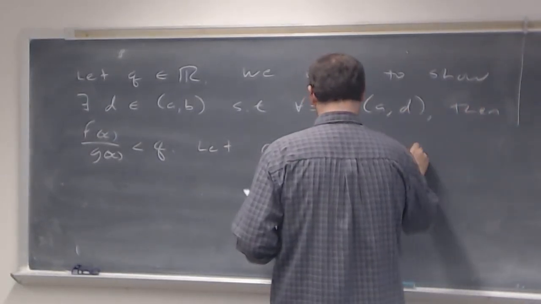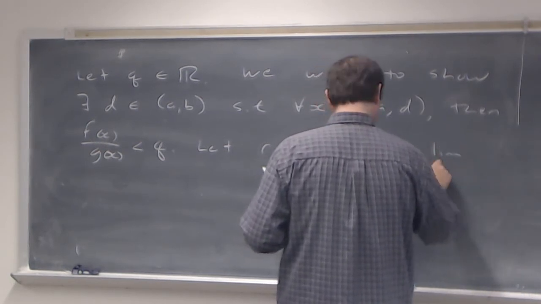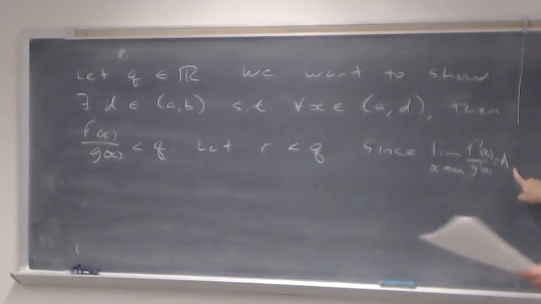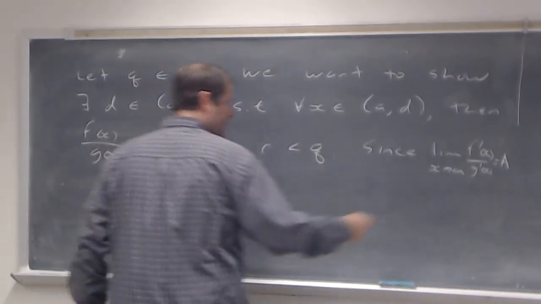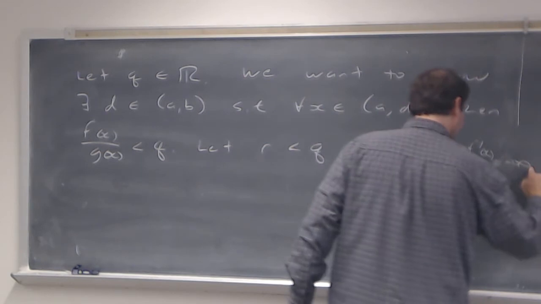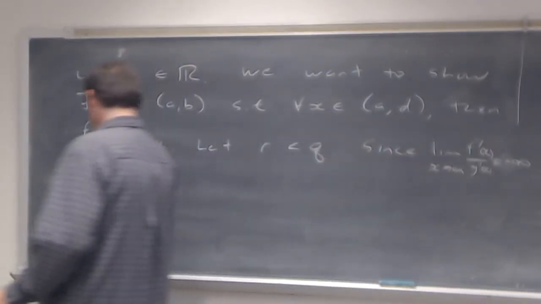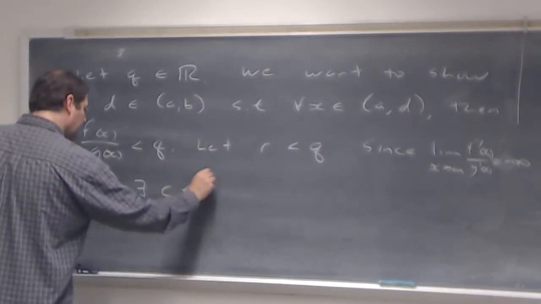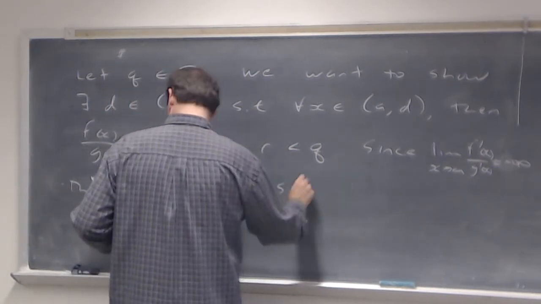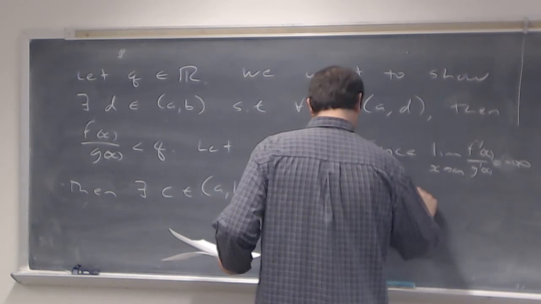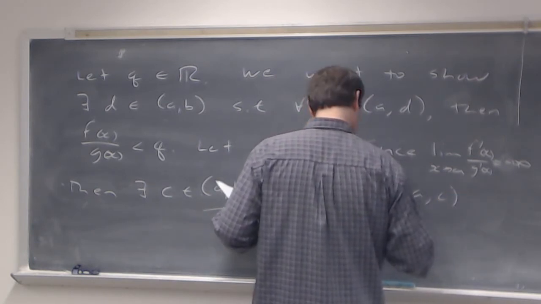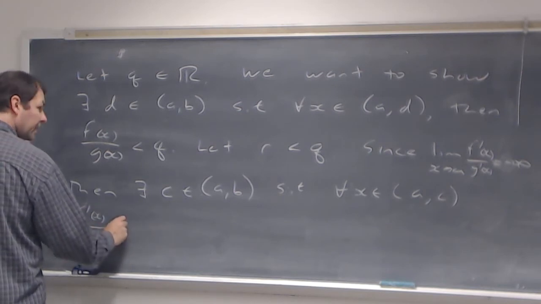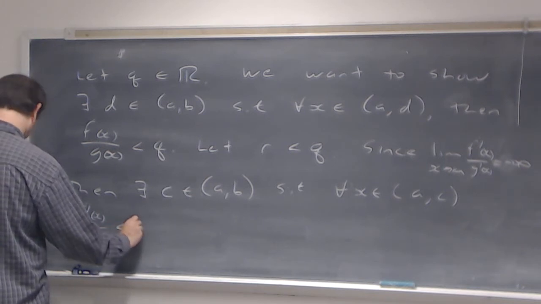Well, since the limit as x goes to a of f prime of x over g prime of x equals a, and this a in this case is minus infinity, then there exists a c element from (a, b) such that for all x in (a, c), f prime of x over g prime of x is less than r.